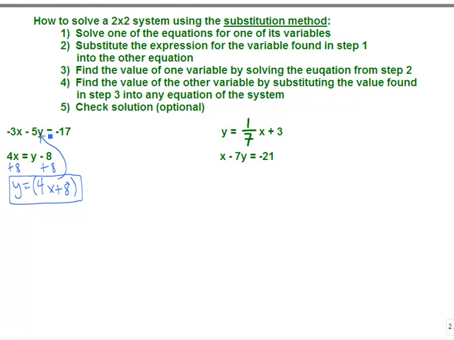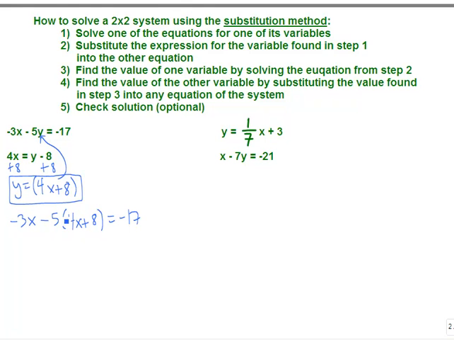So basically we're going to rewrite this top equation with y substituted in with 4x plus 8. So that the new equation would look like negative 3x minus 5, and instead of y we're going to put parentheses 4x plus 8 equals negative 17.